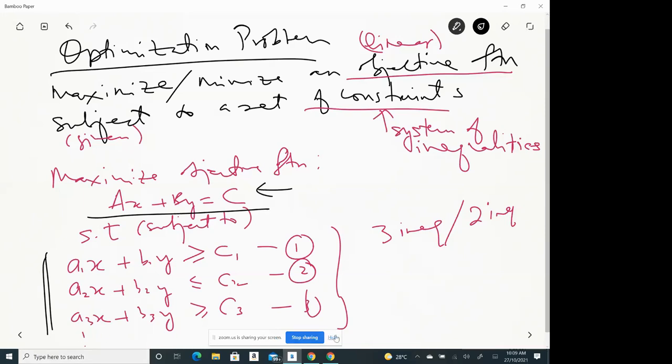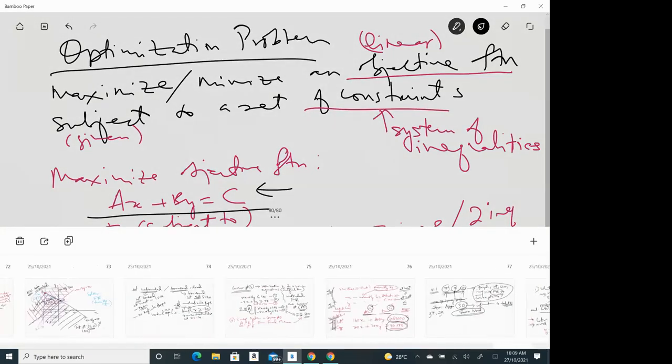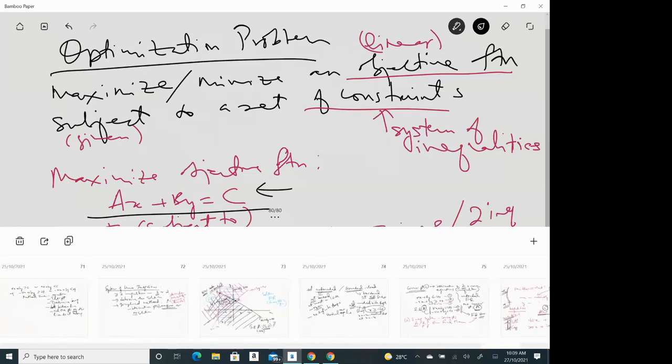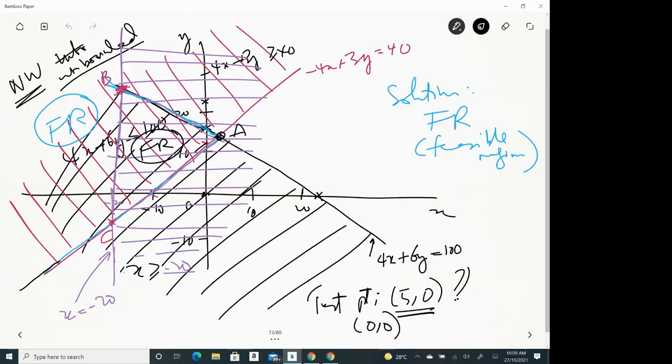We don't have to search for them again. Okay, so let's go back to these inequalities. I already have these inequalities, so we just take them as the constraints.